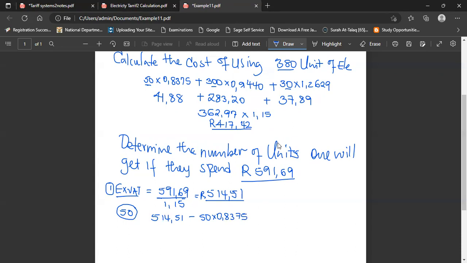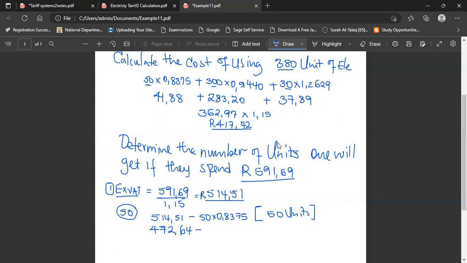When I do this, how many units am I catering for? I'm catering for the first 50 units. I put them aside. Then I find out how much I remain with. I remain with 472.64 rands. So this is pushed to bracket number 2.